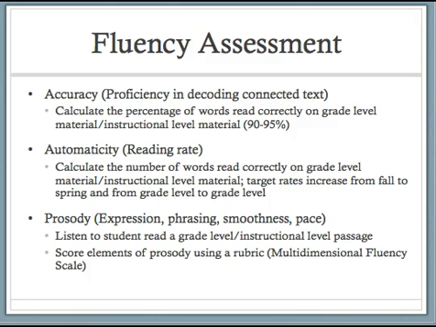And for kids who are struggling, certainly we want to use their instructional level material. Automaticity or reading rate is simply determined by timing and calculating the number of words read correctly, again on grade level, or in our case with struggling readers, instructional level material.